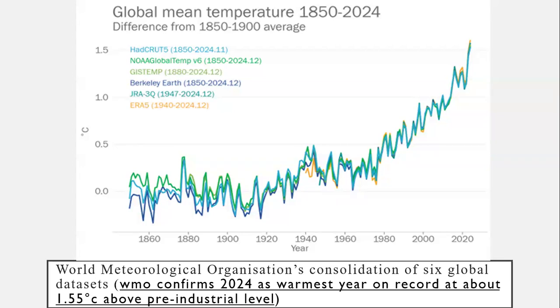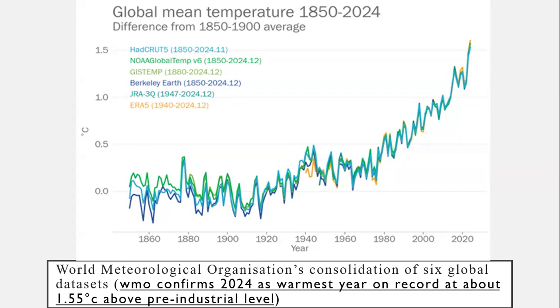Scientists have been studying changes in the Earth system since the 19th century. The World Meteorological Organization, WMO, declared 2024 the warmest year on record. Six global datasets were used to calculate the Earth's surface temperature to be 1.55 degrees Celsius above pre-industrial levels for 2024.